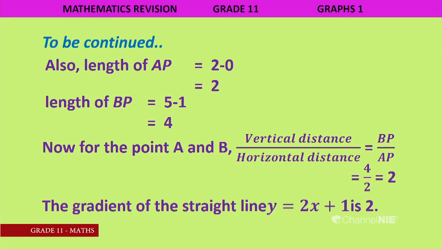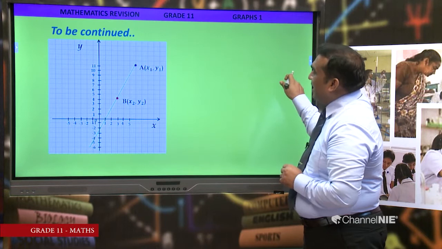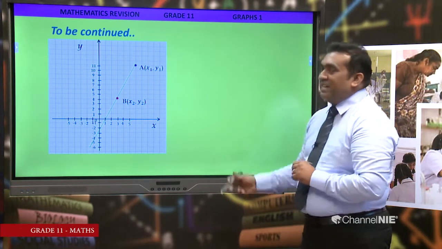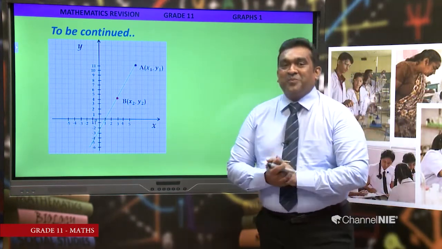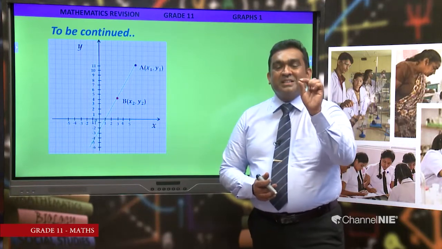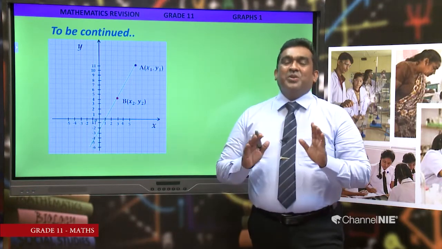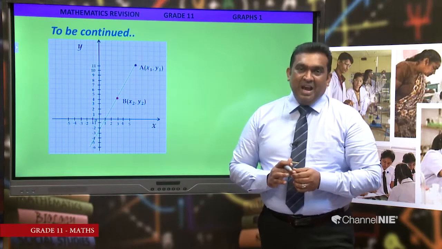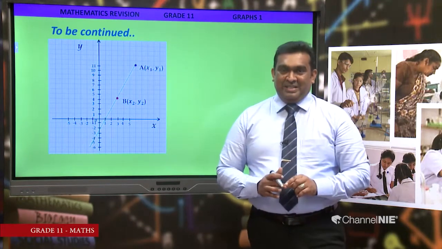Same concept. Vertical distance over horizontal distance is 2, so the gradient is 2. Therefore, finally we can say that gradient is equal to vertical distance over horizontal distance. How to get the vertical distance?